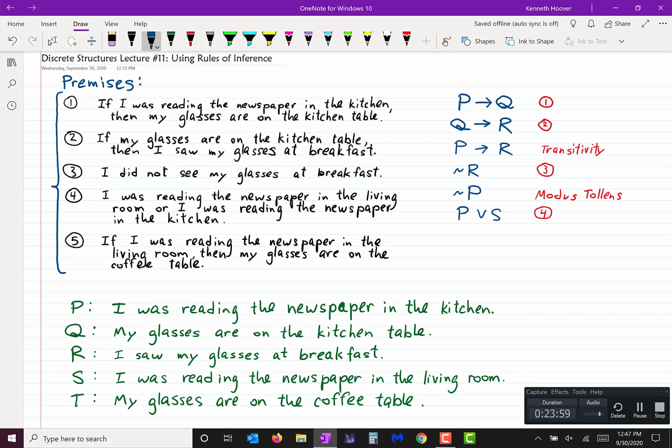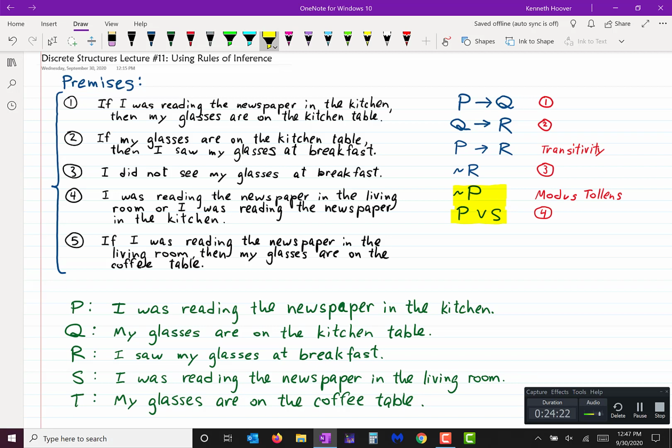Okay? All right. Can I make any new conclusion now? Look at these 2 lines here. Can I make any conclusion from those?